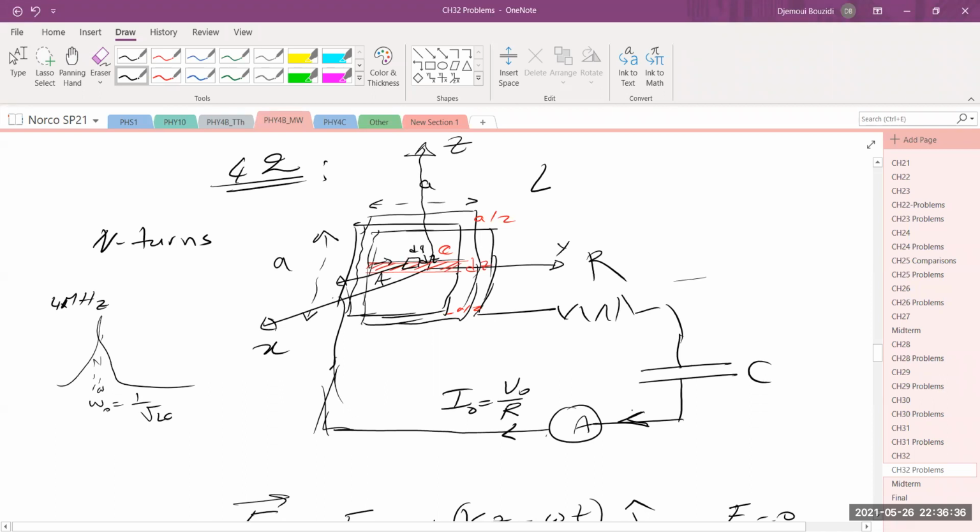They want us to find IRMS because this ammeter does not read the maximum amplitude. It reads just the root mean square, the effective current, okay? In other words, the current is fluctuating so much, because remember, 4 megahertz just happens 4 million times every second. So what matters at the end is just the effective value, the RMS, the root mean square, that is basically going to be the average.